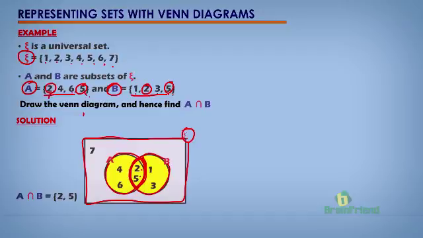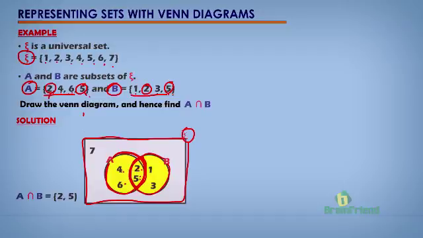Meanwhile, the other elements for our set A are 4 and 6, so we write them also within our circles. So if we took our circle A alone, we would have our elements listed as 4, 6, 2, and 5. Let's do the same for B. B has elements 1, 2, 3, and 5.